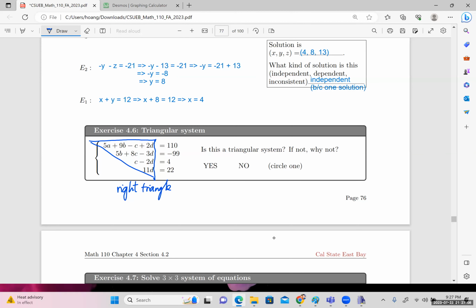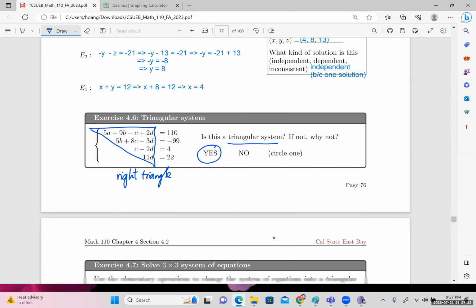All right, so you will say yes, this is a triangular system, and you don't have to say why not, because it is yes, right? Okay.